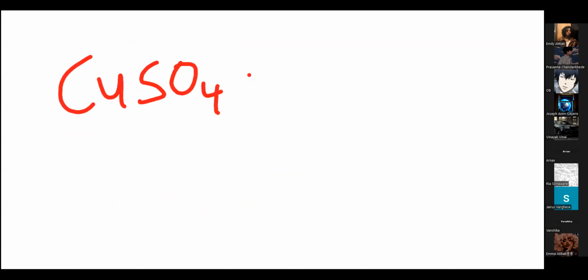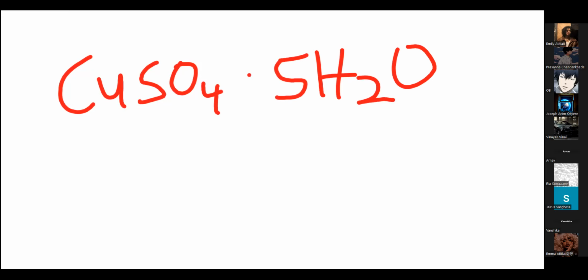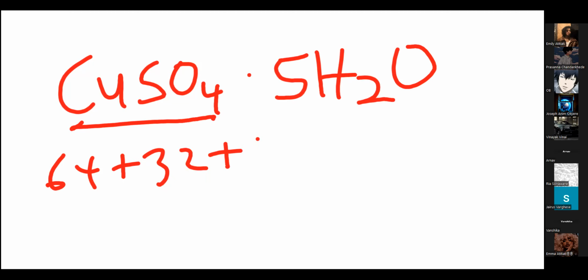The next one is CuSO4·5H2O. Now calculating the molar mass of this one too. Copper is 64 plus 32 plus 4 times 16, plus the dot here.